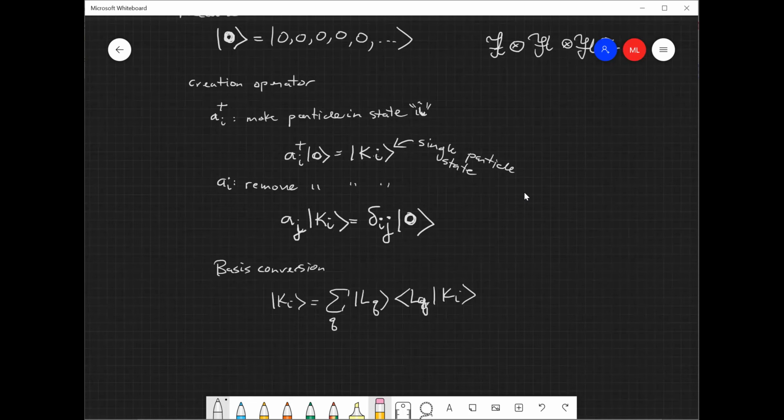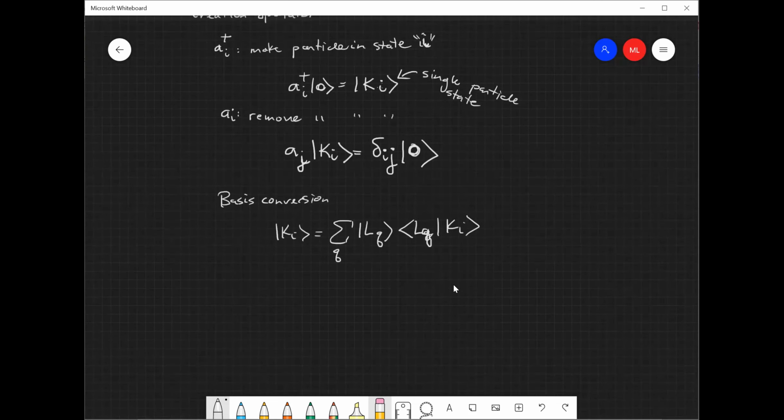But it means that it's the same kind of rules, you can use this now to change your sets of creation and annihilation operators. For instance, we know that A_I dagger acting on the vacuum creates one of these single particle states, which we can write as a sum over Q. And now this is going to be some other creation operator, B, which creates a particle in state Q acting on the vacuum. That's what L_Q is, a single particle state, like popping a particle in state Q into the vacuum.